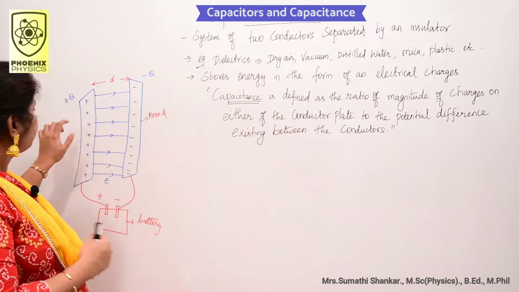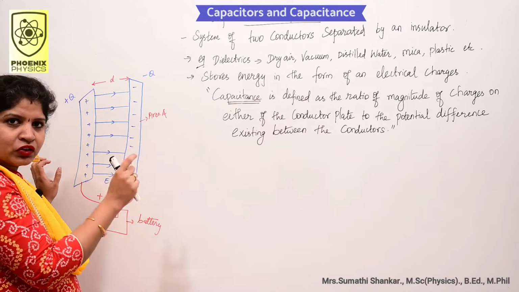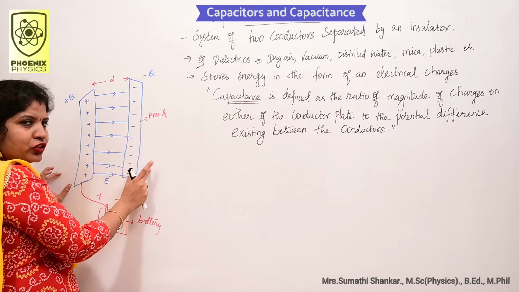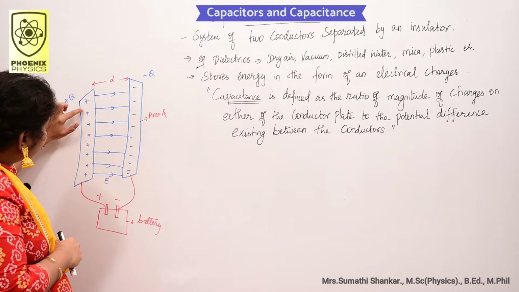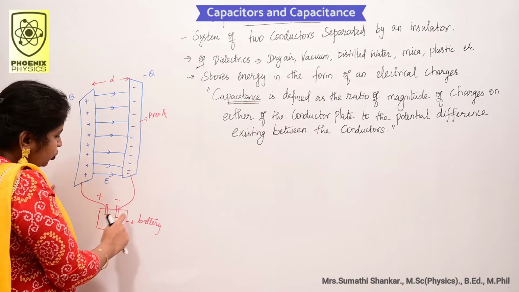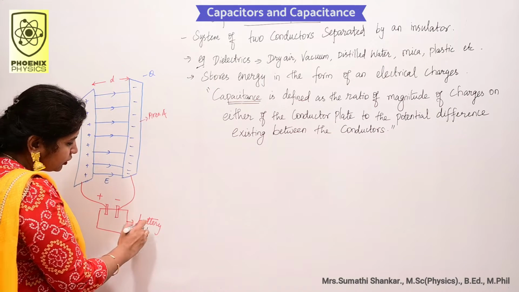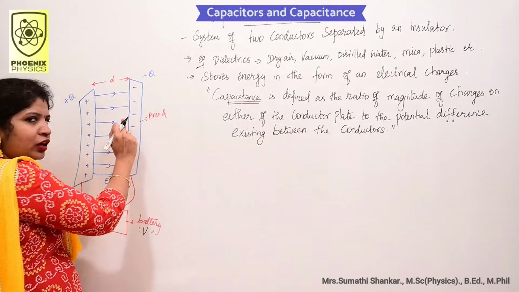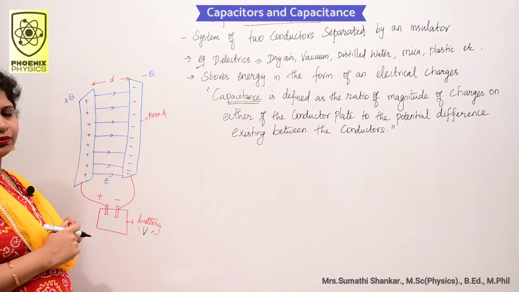Look at the diagram. Here the capacitor consists of two metal plates separated by a distance d. When the capacitor is connected to a battery of potential difference V, electrons are transferred from one plate to another.